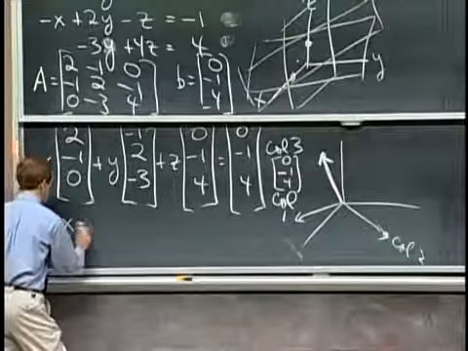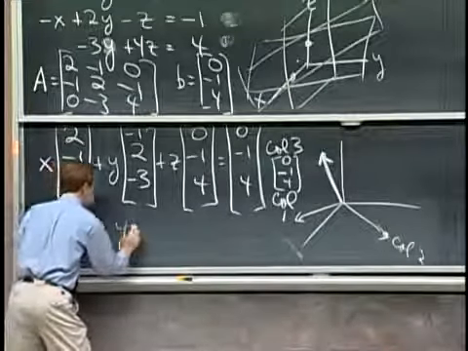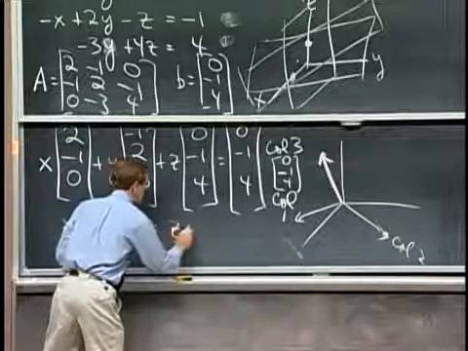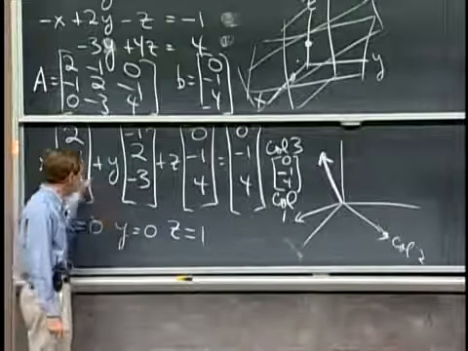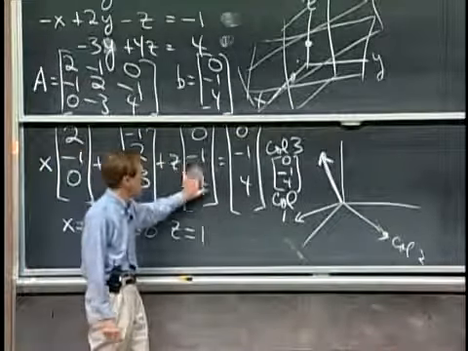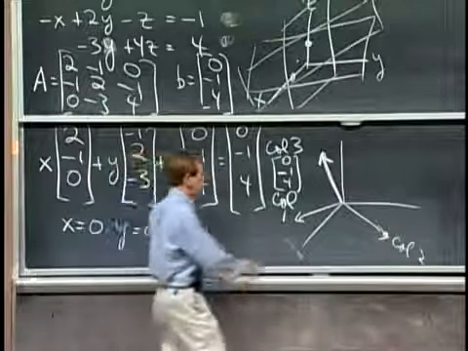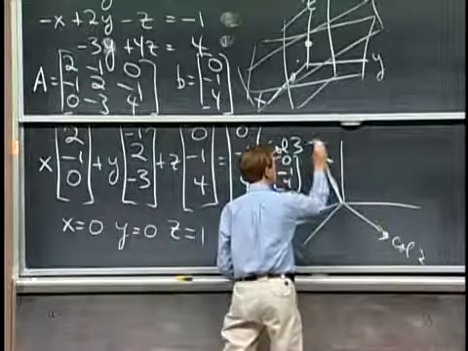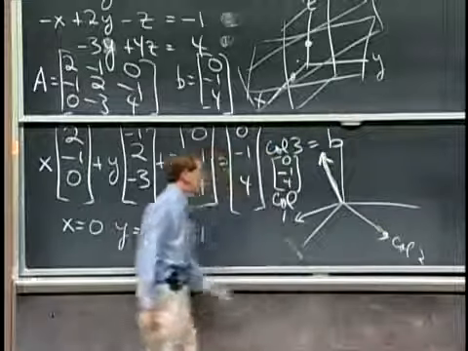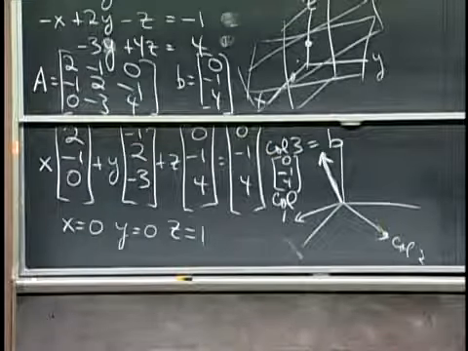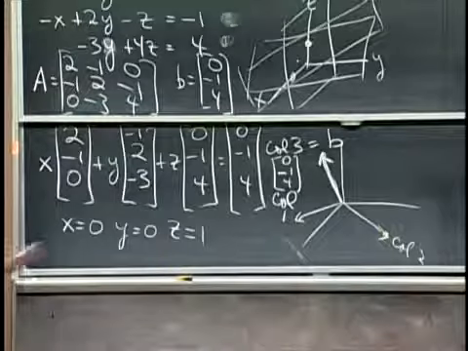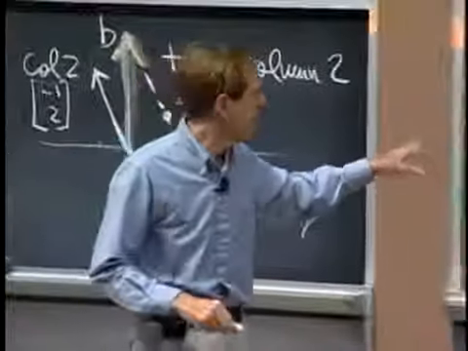So x should be 0, y should be 0, and z should be 1. That's the combination. None of that, none of that. One of those is obviously the right one. So this column 3 is actually the same as b in this particular problem. I made it work that way just so we would get an answer, 0, 0, 1.